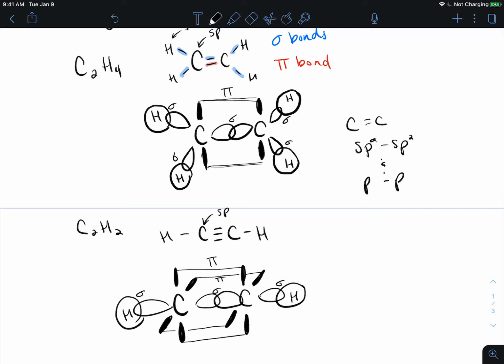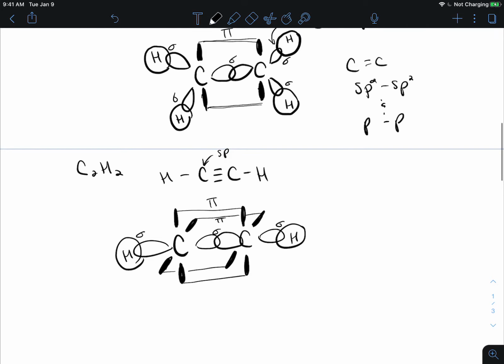And then here we've got that carbon-hydrogen bond is sp2 overlapping with an s. Down here, our carbon-carbon is sp overlapping with sp, and then it's got two pp overlaps. And then our carbon-hydrogen is sp overlapping with s.